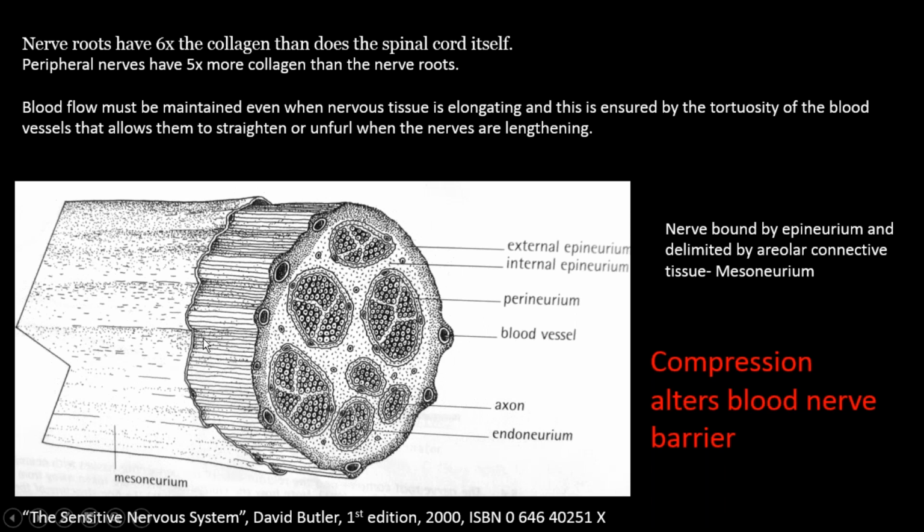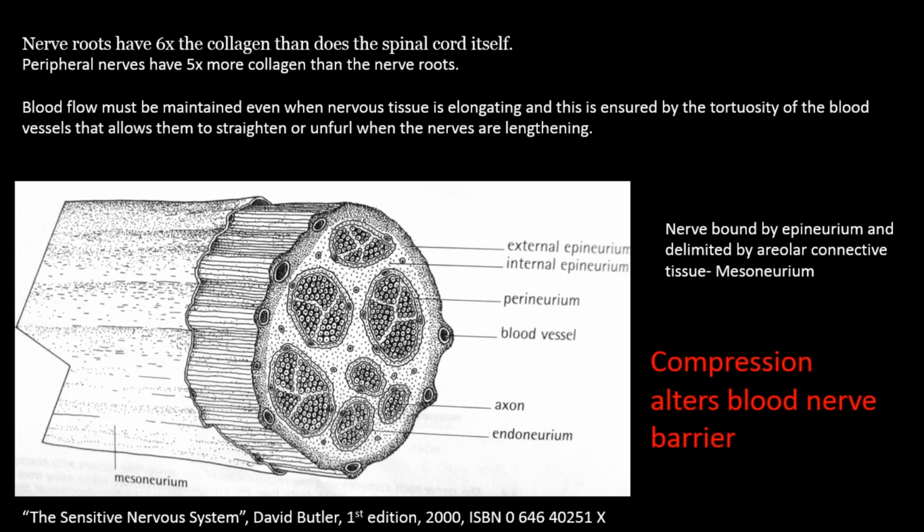The arrangement of blood vessels is not straight. For simplicity, in most of the figures you see a straight parallel arrangement of the blood vessels, but these blood vessels have a tortuous course. As you're moving the extremity in flexion or extension, nervous tissue allows some elongation and shortening.